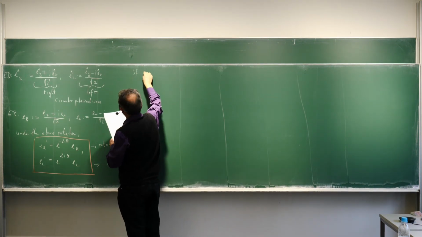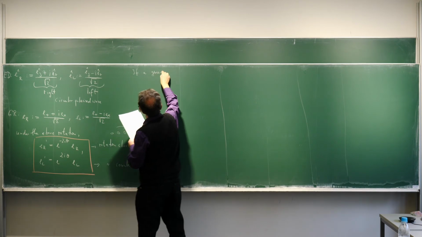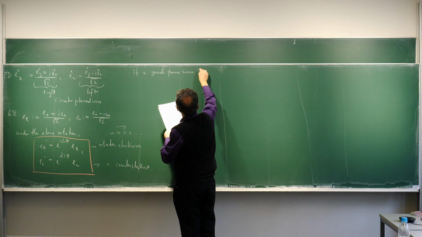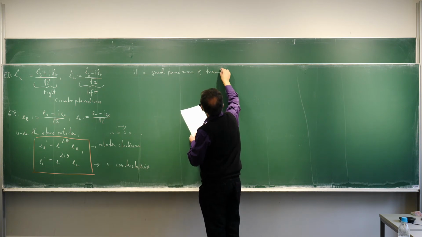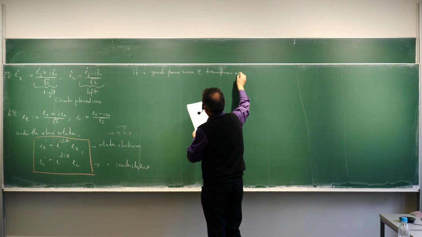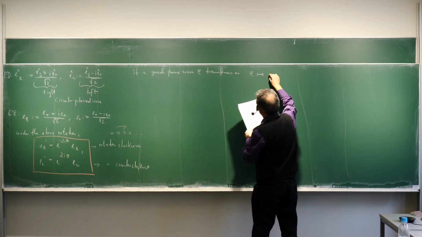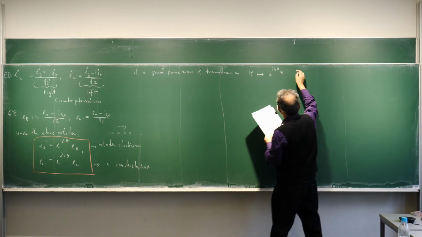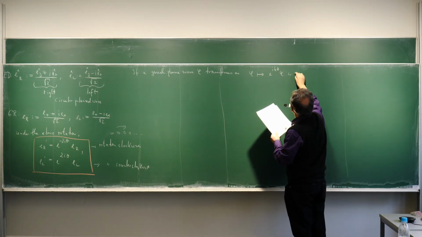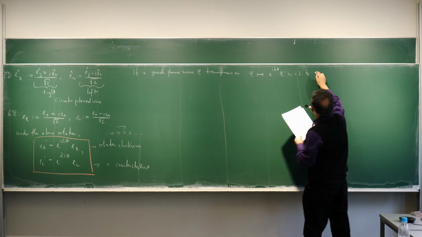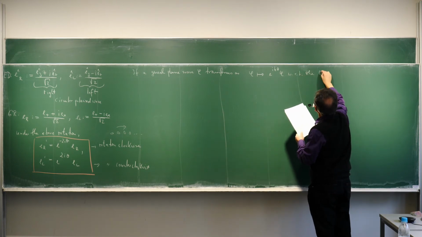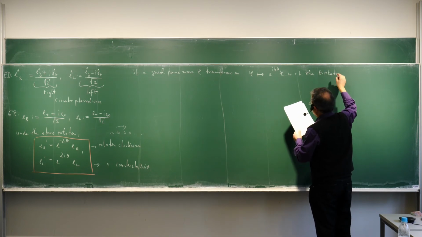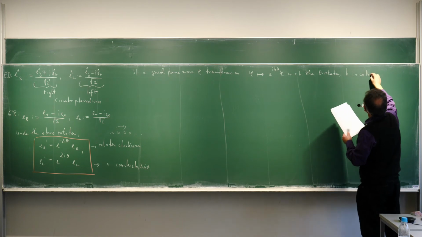If a general plane wave phi transforms as phi going to e to the i h theta phi with respect to the theta rotation in space, h is called helicity.